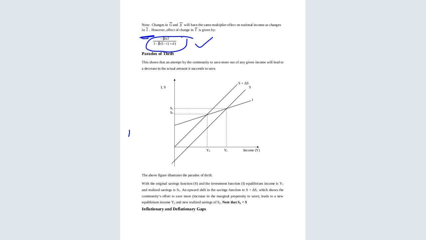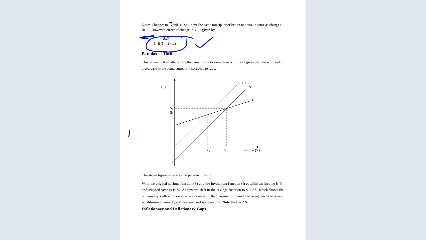That is what we refer to as the paradox of thrift. When you attempt to save more, it will actually lead to a decrease in the amount that is actually saved.